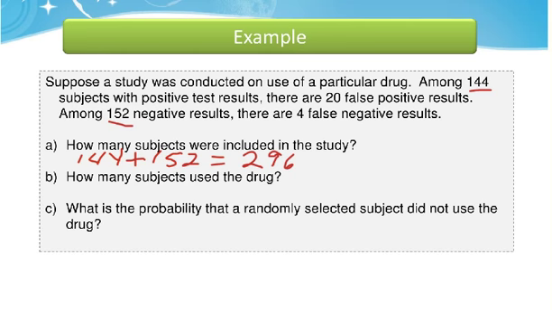To answer part B and C, I actually want to make a table of the data, including separating out the number of the people who had false positive results from those who had true positive results, and those who had false negative results from those who had true negative results. So to start out, I need to pick columns and rows.